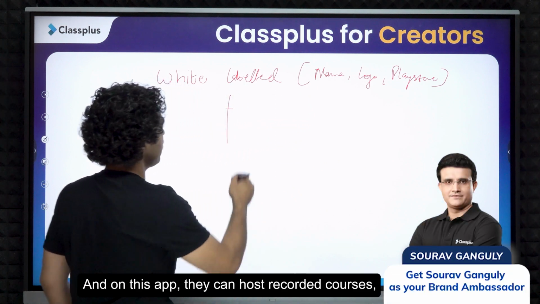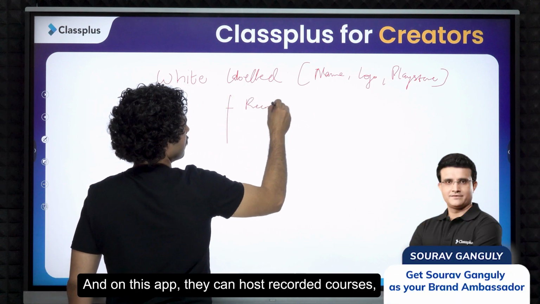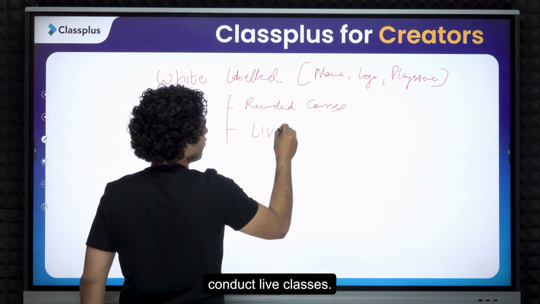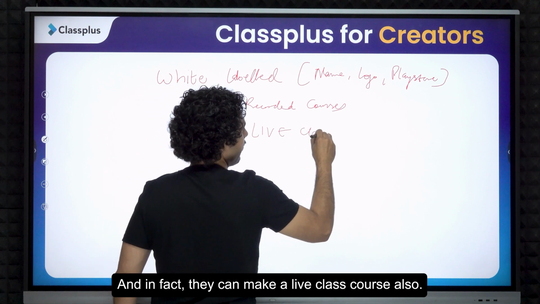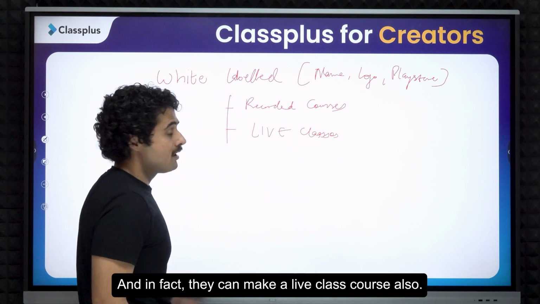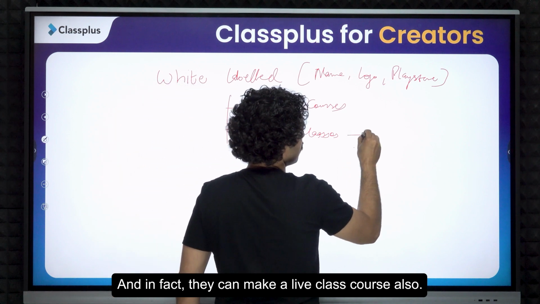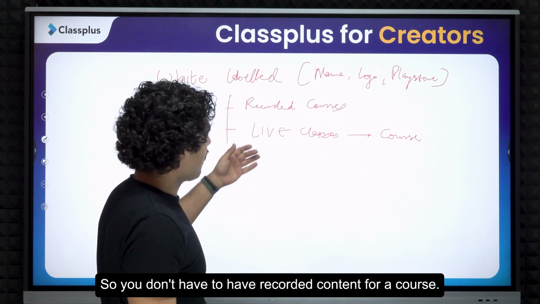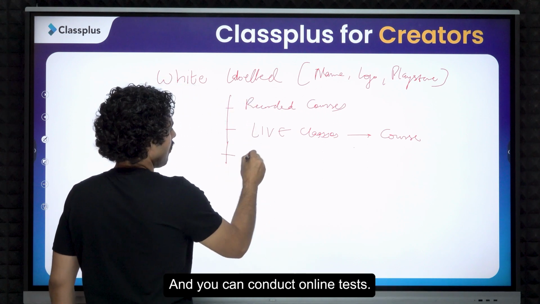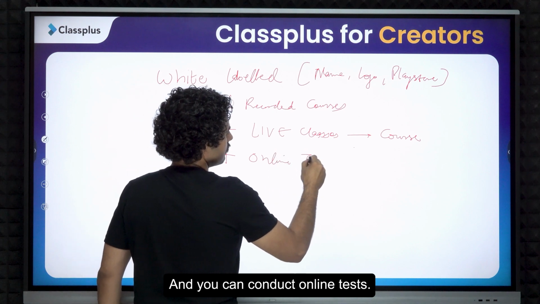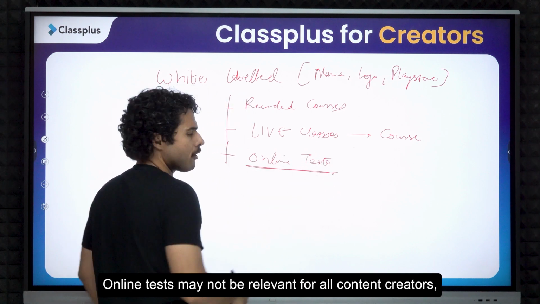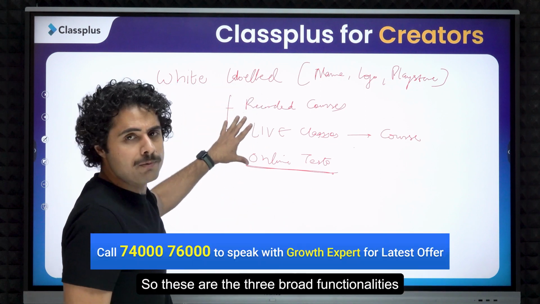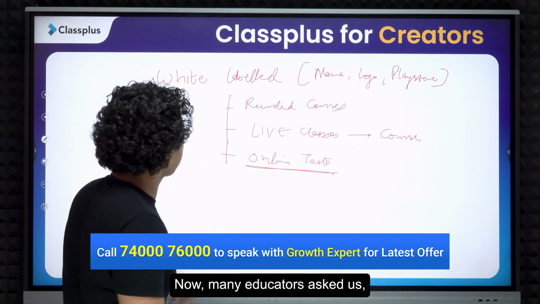On this app, they can host recorded courses, conduct live classes, and in fact, they can make a live class course also. So you can make a course with live classes only. You don't have to have recorded content for a course, and you can conduct online tests. Online tests may not be relevant for all content creators, but some content creators can definitely benefit from them. So these are the three broad functionalities of the white labeled app.